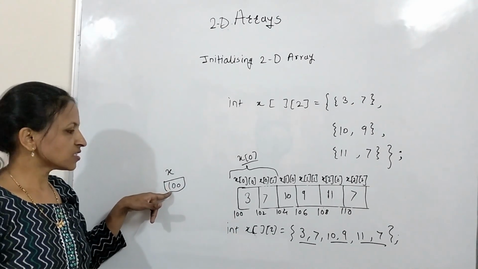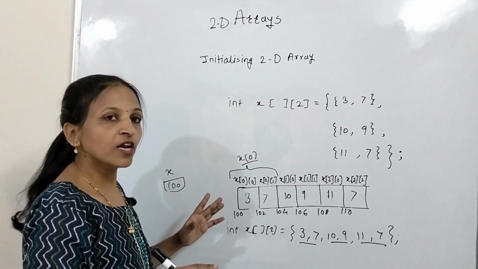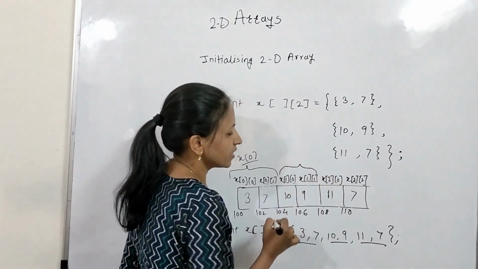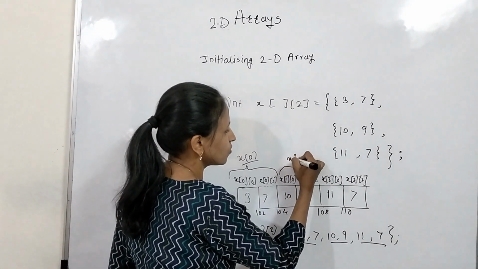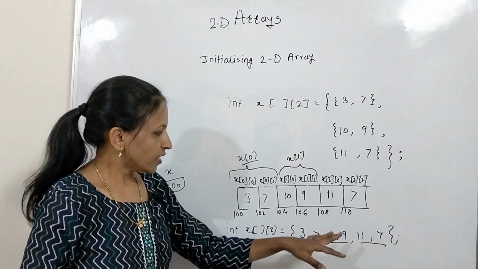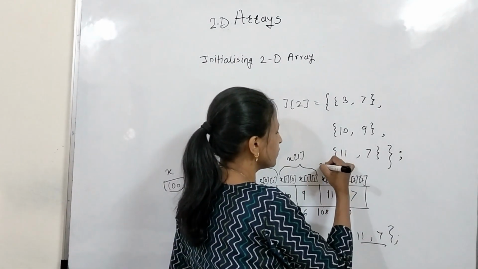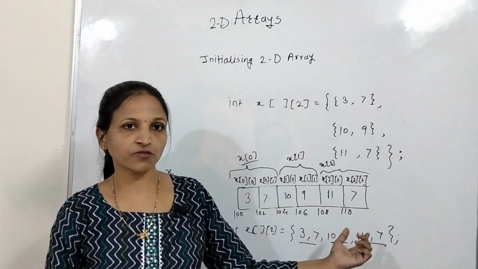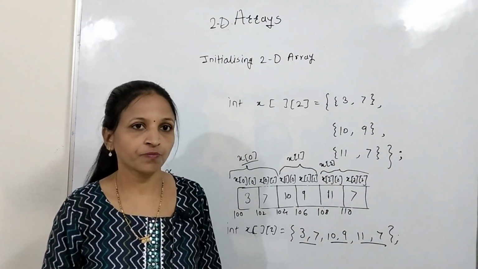Again x will hold the base address of that whole array, that is 100. Now here the second array is nothing but x of 1 and will hold 104 in it. And same way here x of 2 will hold the base address of this individual array, that is 108.